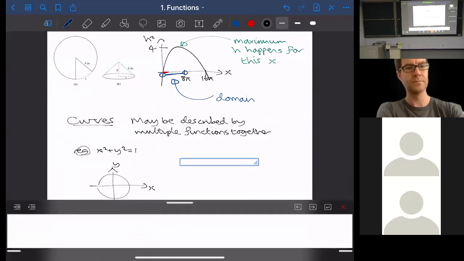Okay, so this curve can be described by two functions. I'm going to call them f and g.